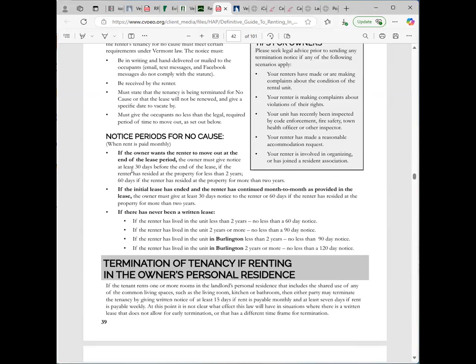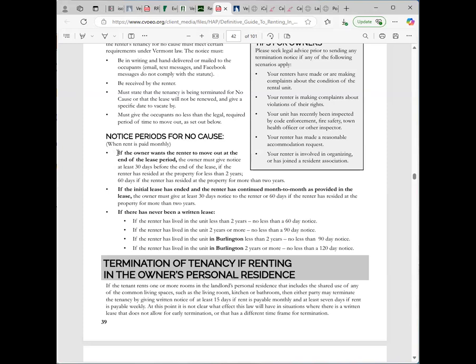It gets really tricky. For example, if the renter has lived in the unit in Burlington less than 2 years, you have to give them no less than 90-day notice that the owner wants the unit back. And this is, of course, assuming that the rent is paid monthly. So, yeah, this is interesting how this all works.